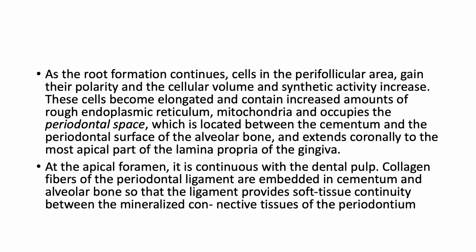As root formation continues, the cells in the perifollicular area gain their polarity, and cellular volume and synthetic activity increase. These cells become elongated, with an increased amount of rough endoplasmic reticulum and mitochondria, and occupy the periodontal space, which is located between the cementum and the periodontal surface of the alveolar bone.